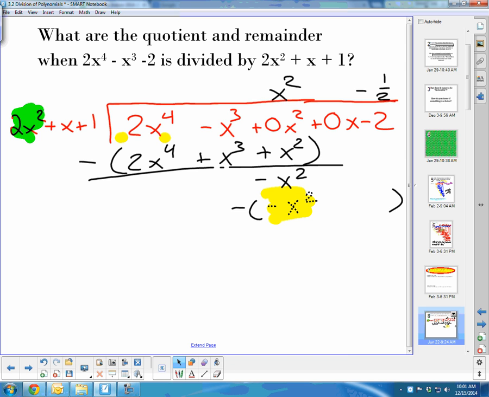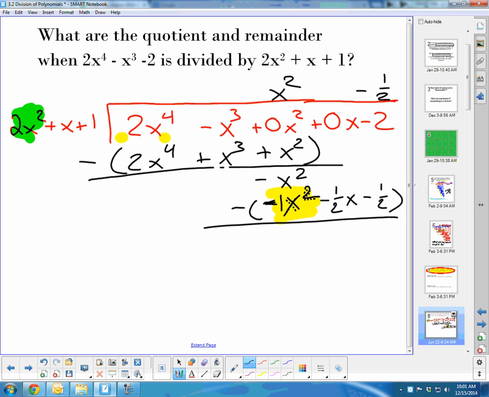Negative 1/2 multiplied by my divisor, I am going to get, let's see, negative 1/2 times 2 is negative 1. X squared is going to be x squared. That's good. Then I need to do negative 1/2 times x, which would be negative 1/2 x. And negative 1/2 times 1 would be minus 1/2.